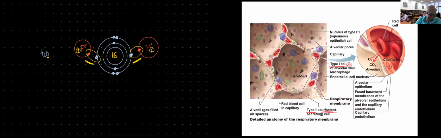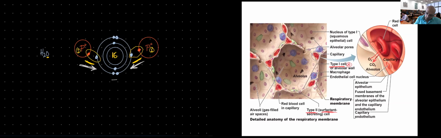Remember, having a higher mass is going to be pulling the electrons towards it. So the electrons, yes, they are shared. They were not lost by any of the atoms. But those electrons are going to be pulled towards the oxygen for most of the time, simply because the oxygen has a much greater mass.